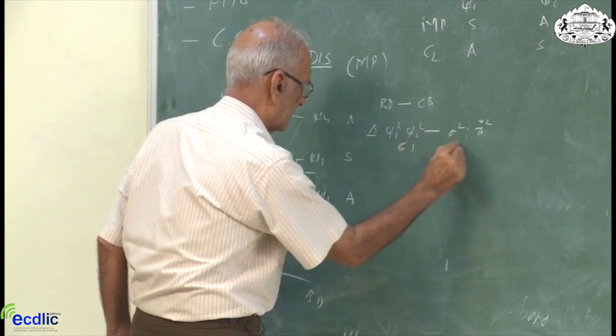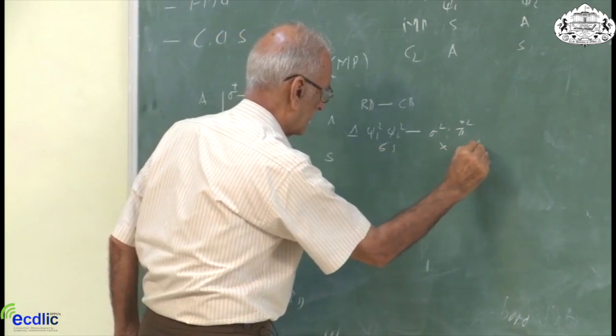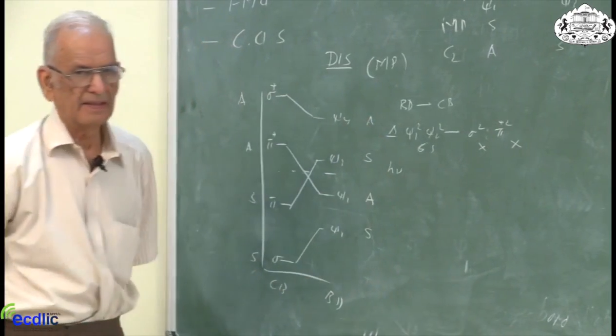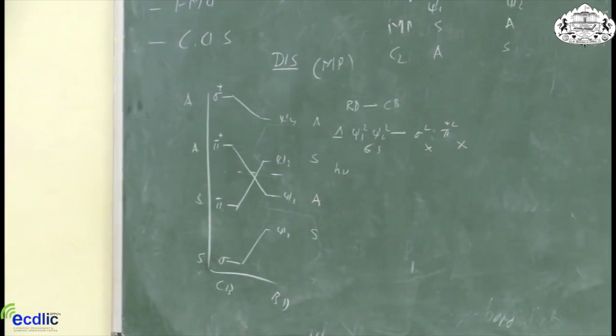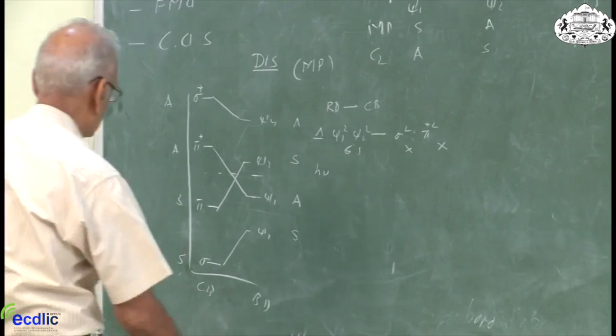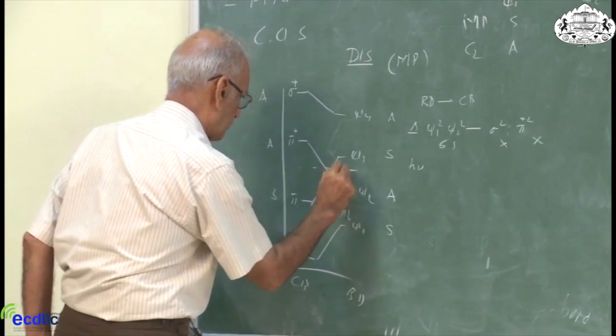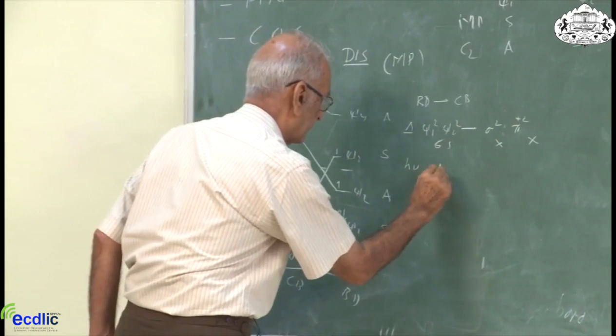This is ground state, this is not the ground state, therefore, reaction is disallowed. When I look at the photochemical reaction, one electron from psi 2 goes to psi 3.